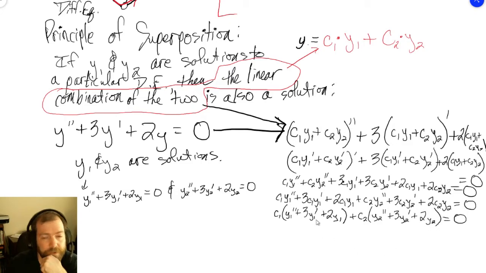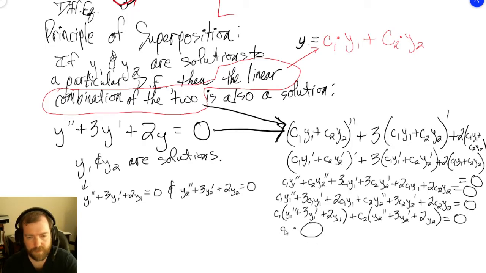Now we've got exactly the things that we had over here. The y1 expression equals 0 because it had to satisfy the equation above, times c1, plus c2 times the y2 expression, which is 0, and that's set equal to 0.